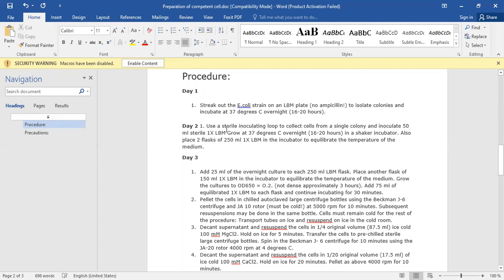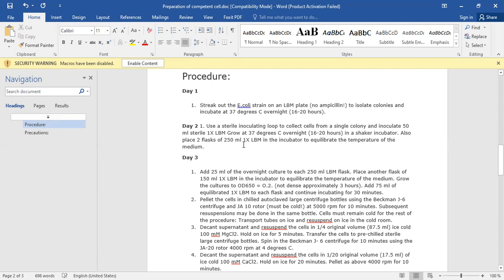The next day, we use a sterile inoculating loop to collect cells from a single colony and inoculate 50 ml sterile 1x LBM at 37 degrees centigrade, and keep it overnight in a shaker incubator.